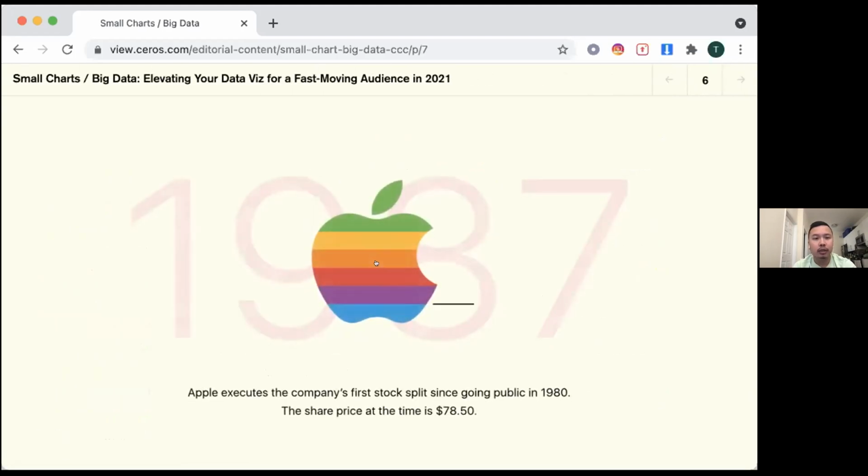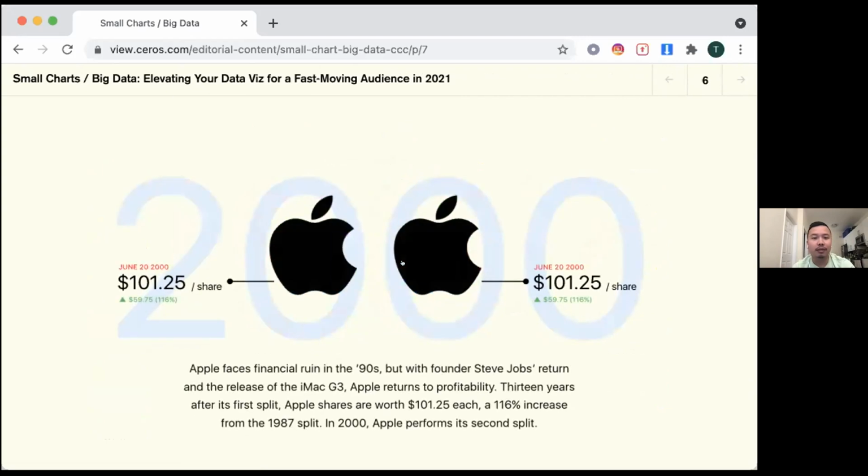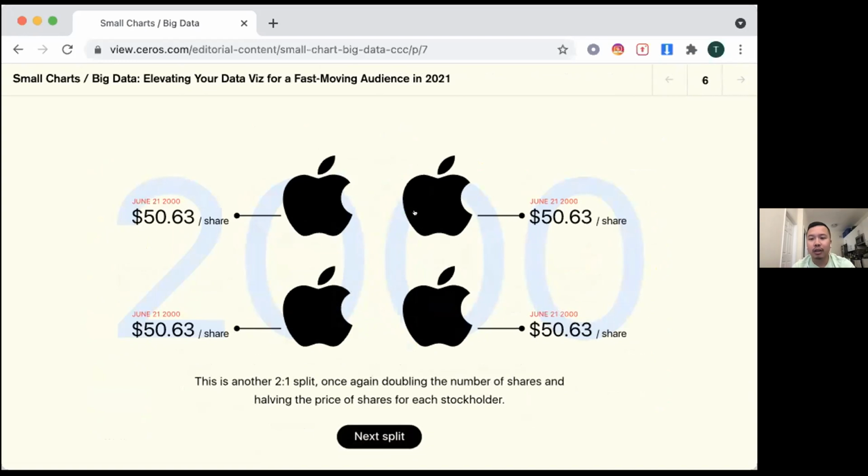Next one, this is less of a conventional data viz. This is a story about the Apple stock split last fall. An example where interactivity is the vehicle for the data viz. You have to constantly click through and see the apple being divided to understand the story.